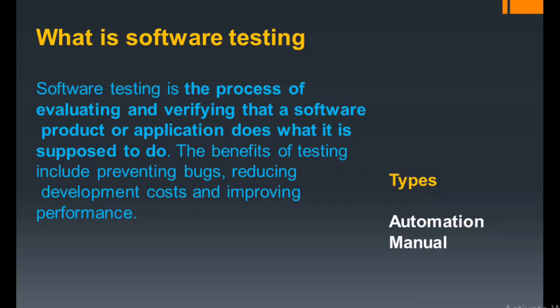Moving to the next topic, what is software testing? Friends, software testing is a process of evaluating and verifying that the software product or application does what it is supposed to do, or what it is made to do.